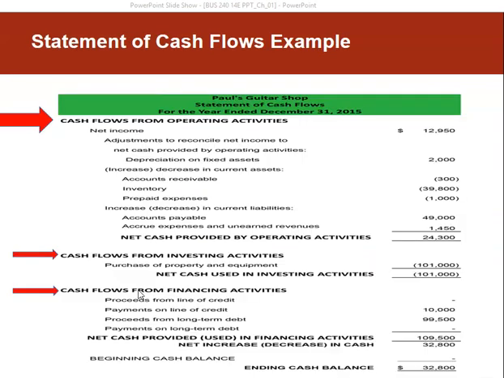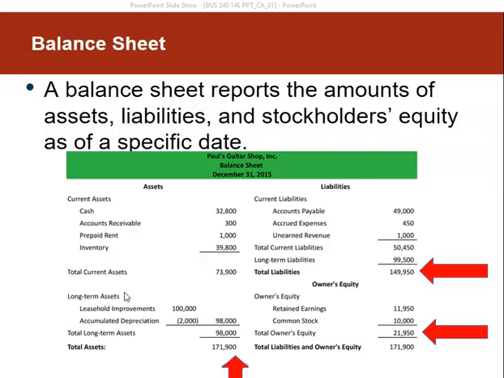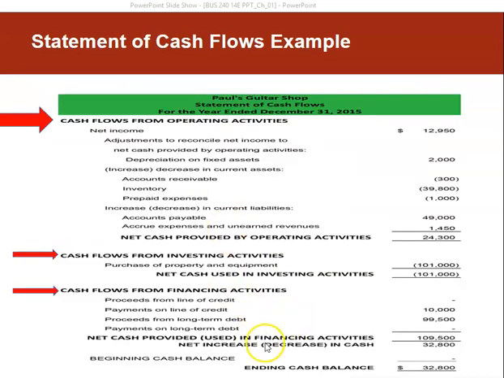Okay, now this is an example of a statement of cash flows, and I do not want you to be overwhelmed by this. The only thing that I really want you to understand is, if we go back to our balance sheet, we have cash of $32,800. Now, if you look here, our ending cash balance is $32,800.